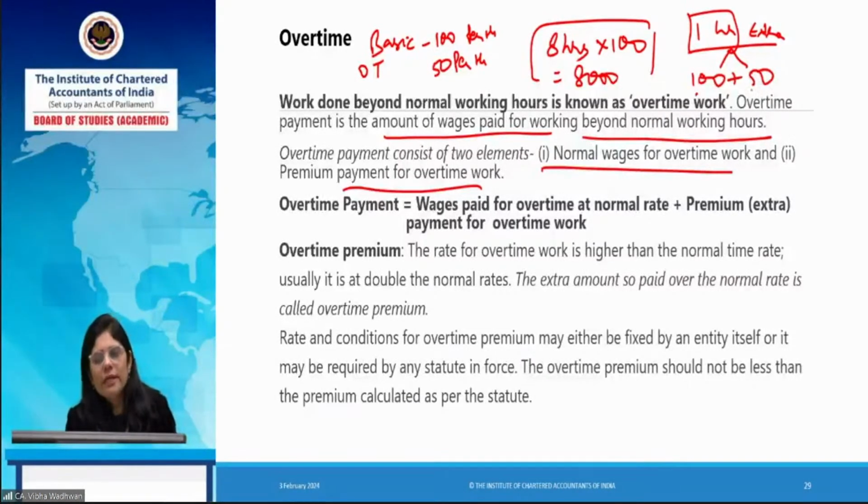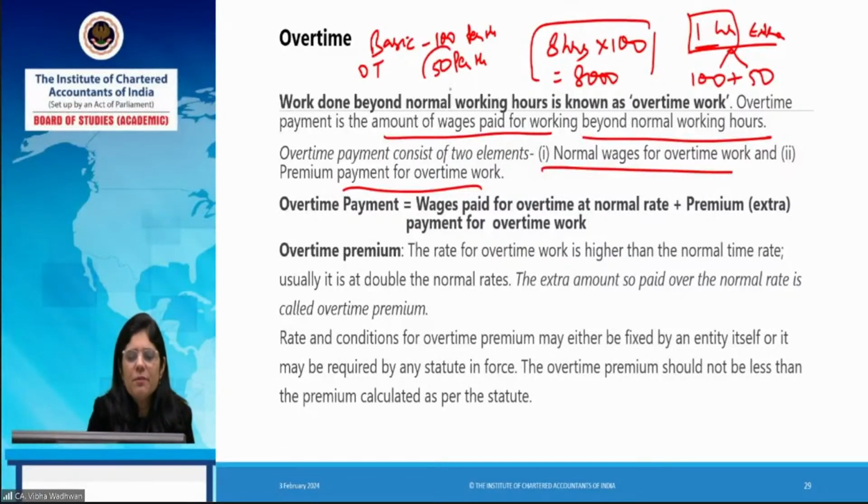So total for this extra hour, you are paid 150 per hour, out of which 100 is the basic rate. So basically, you are working for 9 hours, and for 9 hours you will be paid 100 per hour first. All right. But for 1 hour, you will be paid 50 per hour extra.